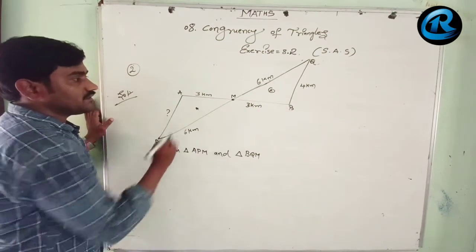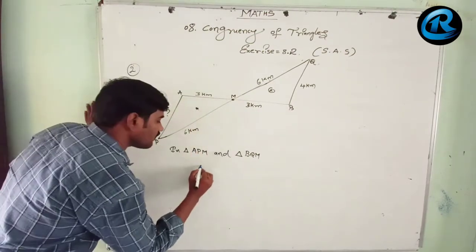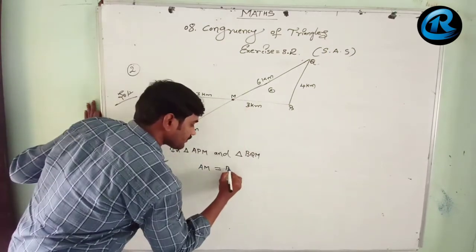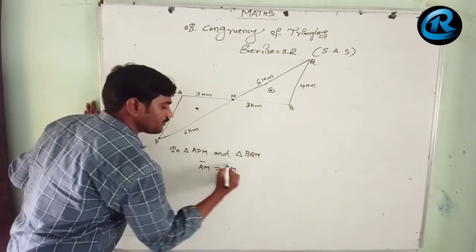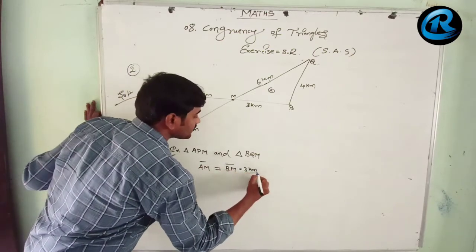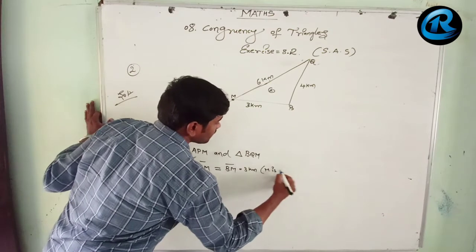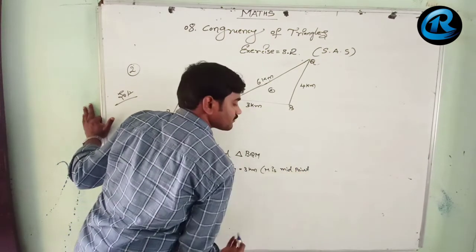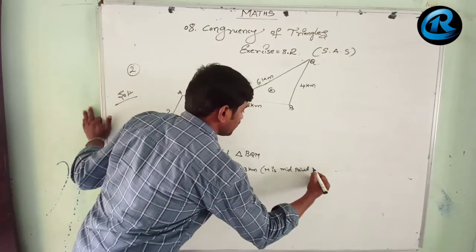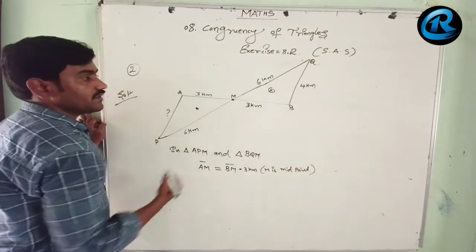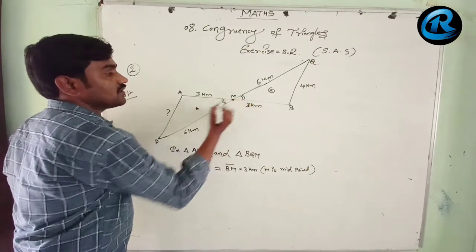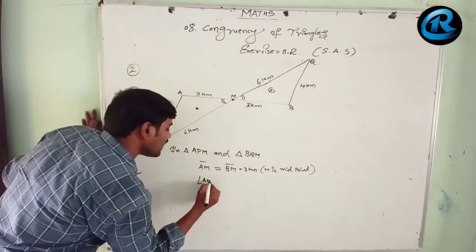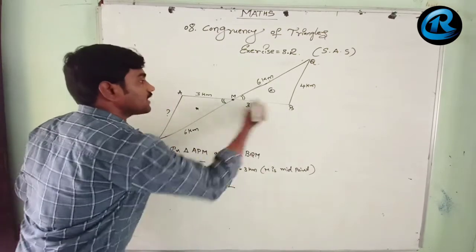Okay, let us take first AM is equal to BM, because M is a midpoint, no? That is equal to 3 kilometers. M is a midpoint, so these 2 will be equal. Then here angle M is equal to this angle M, angle AMP. Angle AMP is equal to angle BMQ.